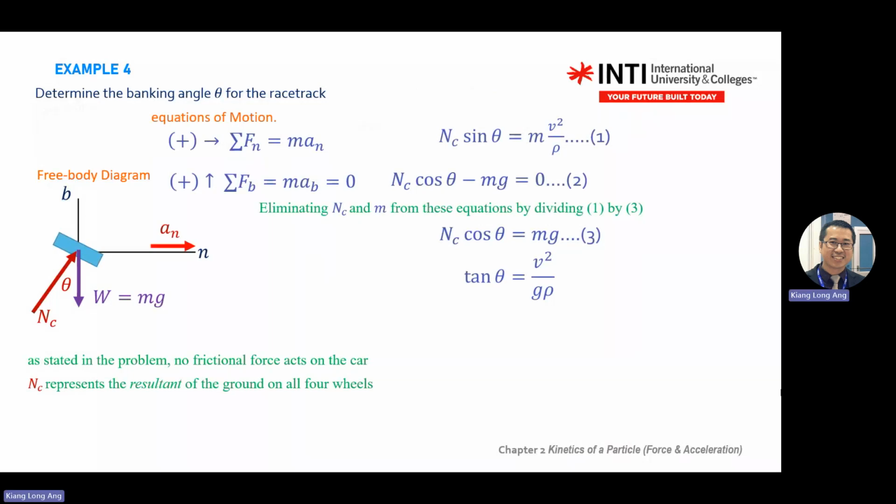So you eliminate these two by dividing. When you have sine and cos, sine divided by cos, you get tan, right? Tangent equals sine divided by cos. So you get tangent theta equal to v squared over g rho. So theta equals the inverse tangent of v squared over g rho.